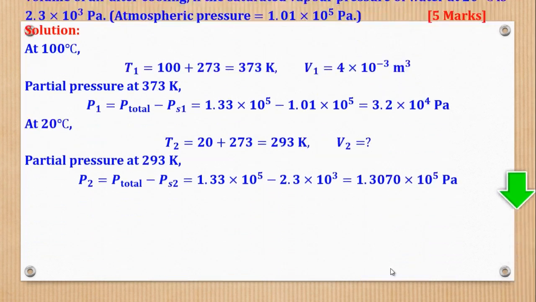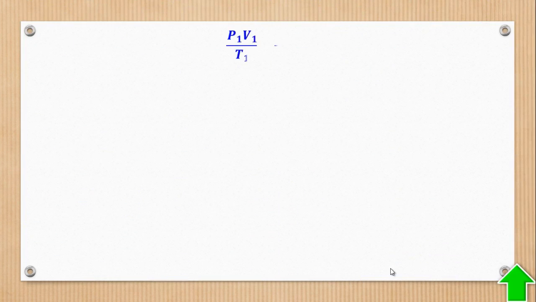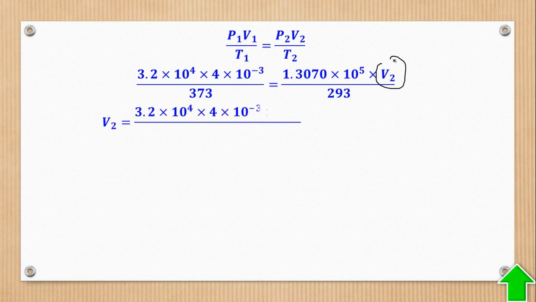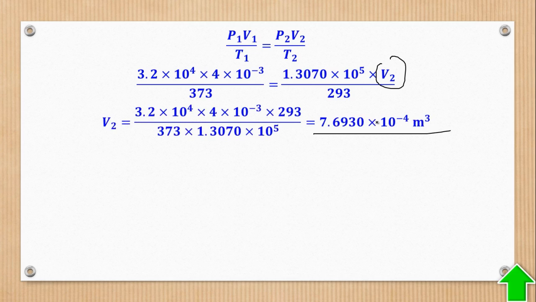So now we can use the ideal gas equation and substitute for P1, V1, T1, P2, V2, T2. So from here, it is only this which is the only unknown. So look for a way of making it the subject, and that will be the value of the volume they want.